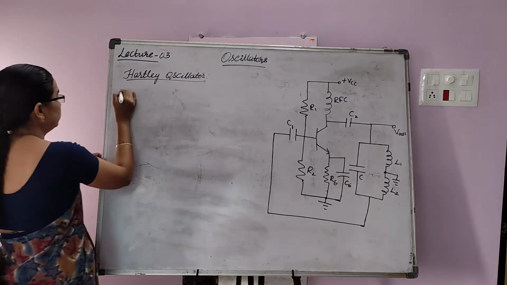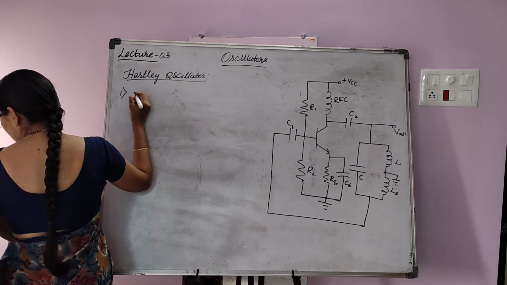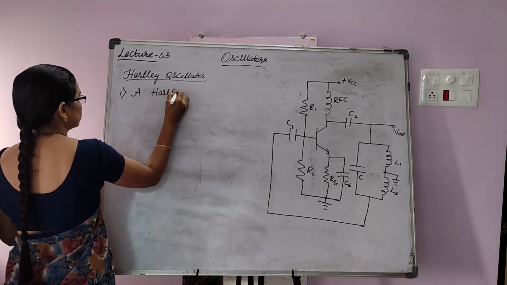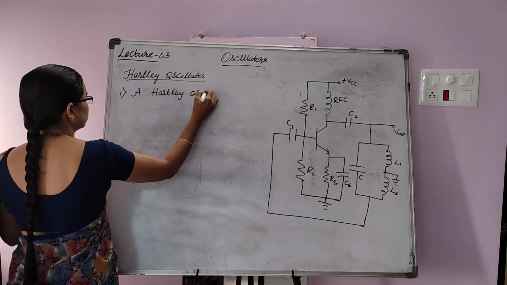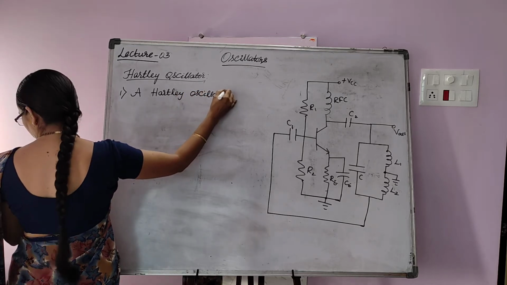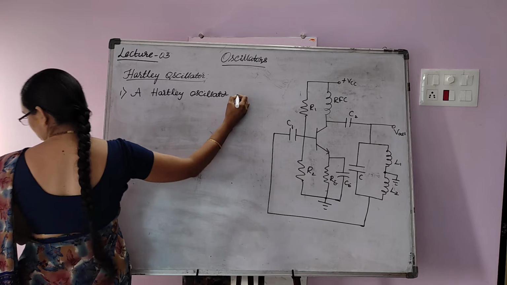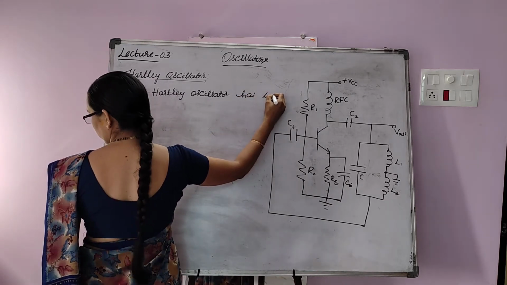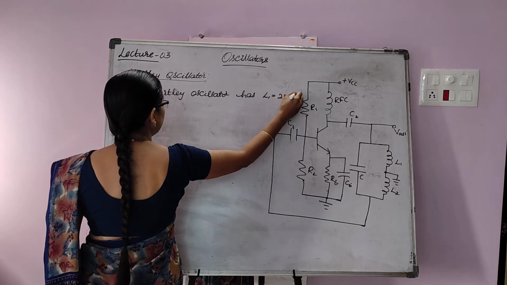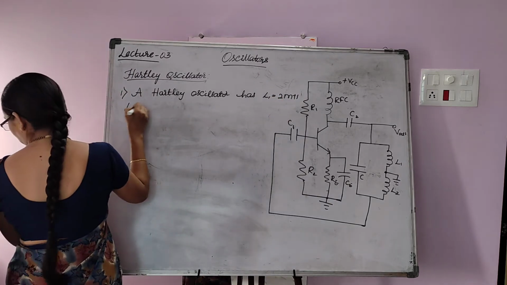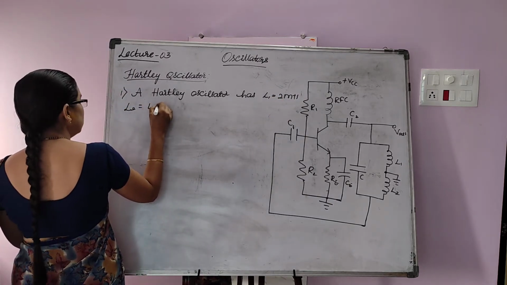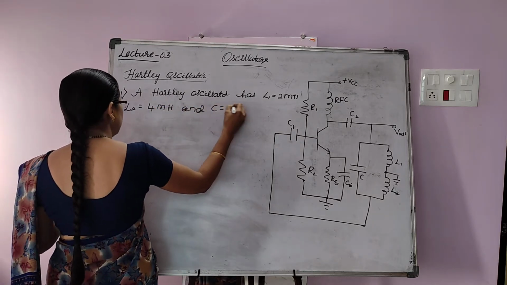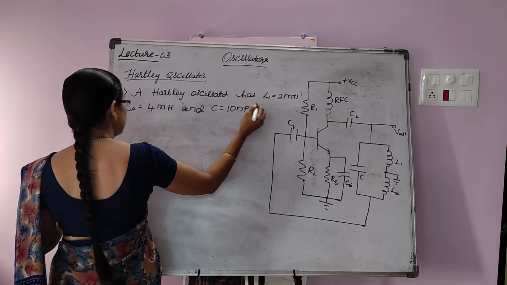The first problem: a Hartley oscillator has L1 equal to 2 millihenry, L2 equal to 4 millihenry and capacitor C equal to 10 nanofarad.